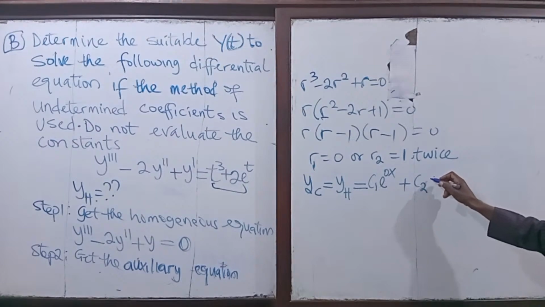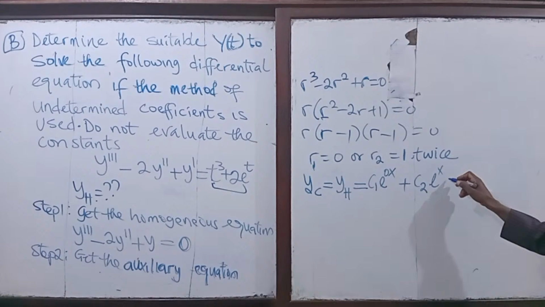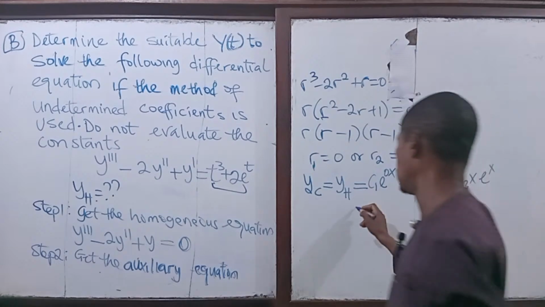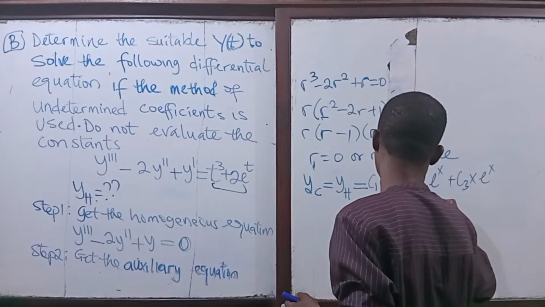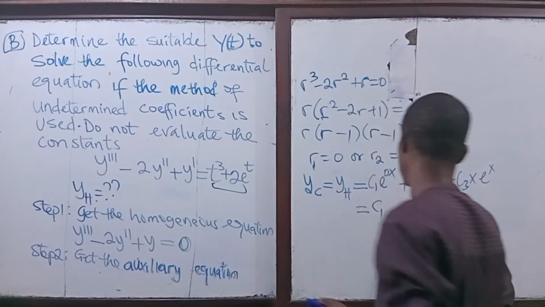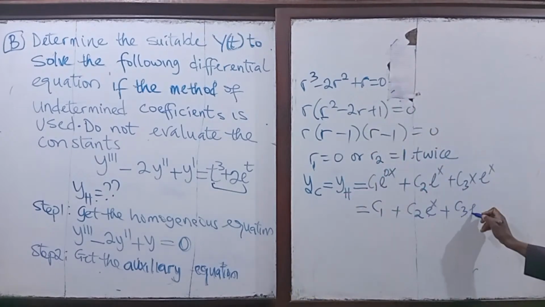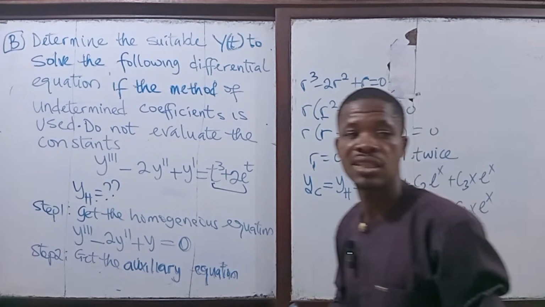The first one will be e to the power x, plus C3 times x times e to the power x, because of the repeated roots. And that will give you C1 plus C2 times this, and then this one also. So that's that in that case.